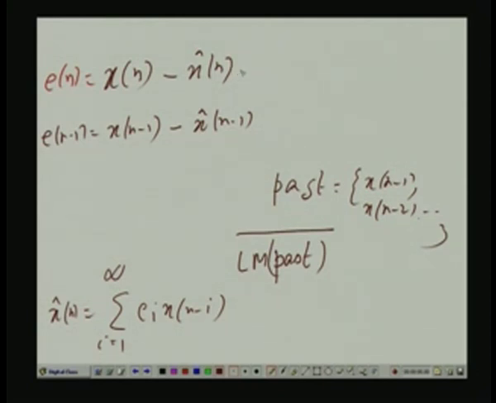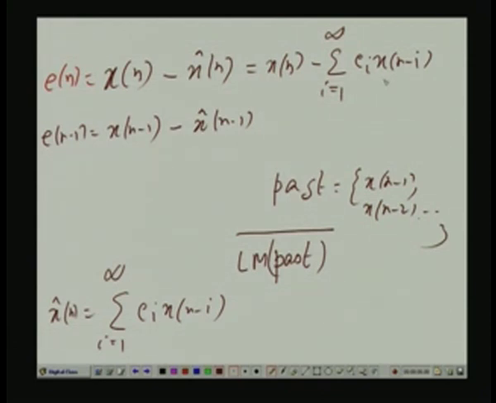Now, remember one thing, in the first equation, we know what is x cap n, the sum of C I x n minus I. Here, take out the first term C 1 x n minus 1.